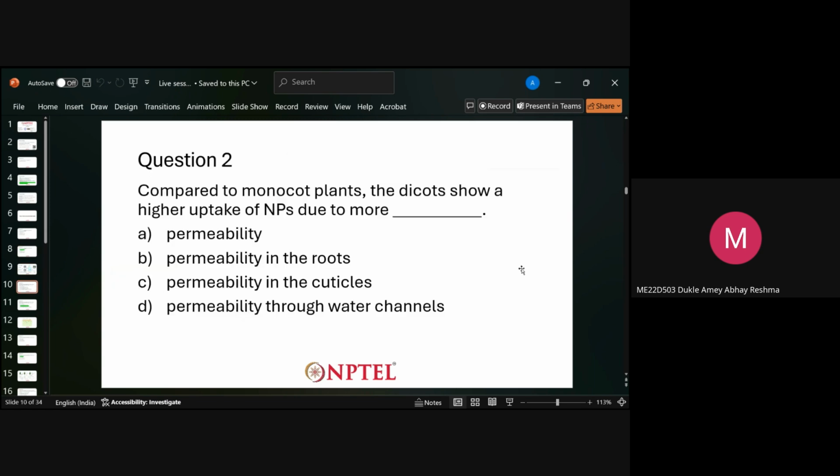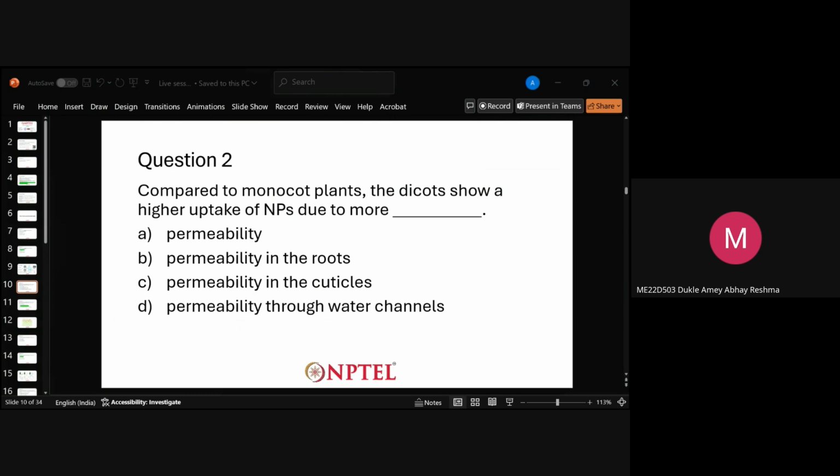Compared to monocot plants, the dicots show higher uptake of nanoparticles due to more permeability in the roots, permeability in the cuticles, or permeability through water channels. So, any guesses?